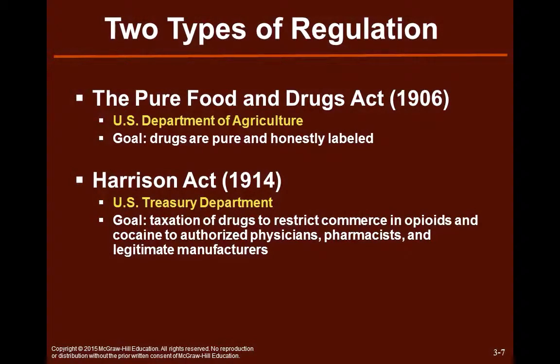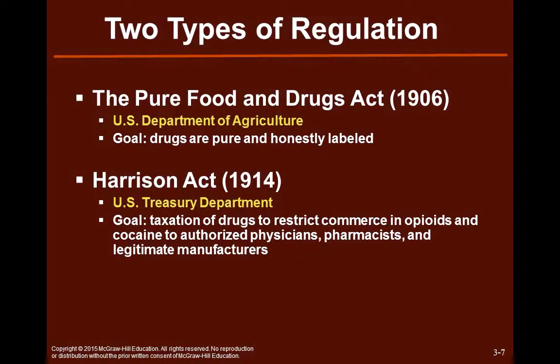Now, one of the first efforts we see at the federal level, we saw those laws against opium use and cocaine use start at the local level, work their way up to the state level, and then finally at the federal level, in 1914, we see the Harrison Act. So the first effort of the federal government is not to make the drugs illegal, but it's actually to get a piece of the pie. So the Harrison Act actually affected behavior by the Treasury Department, and its purpose was to start taxing drugs like opium and cocaine, and to limit the people who could prescribe them and manufacture them to people who would then pay taxes on them.